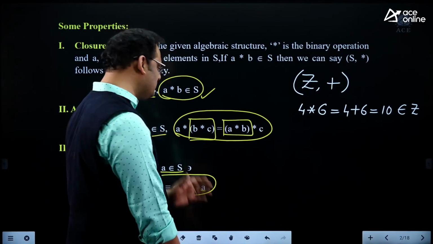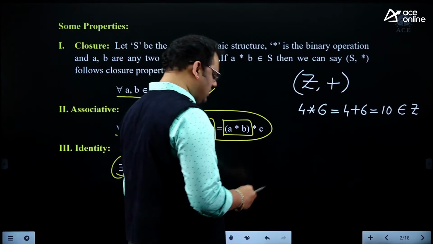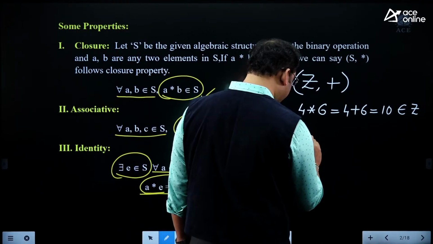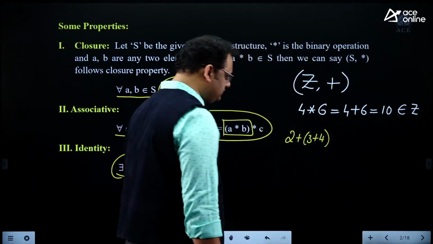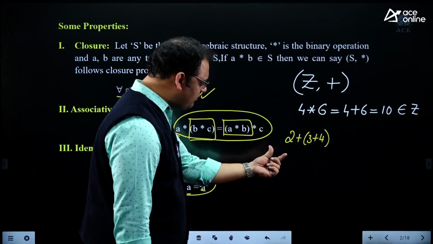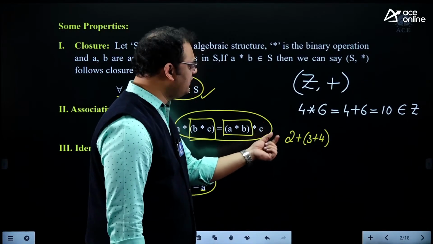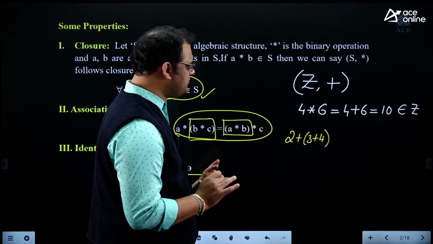In a similar way, for the associative property, you can go for the order of the operations. I want to take something like 2 plus 3 plus 4. I want to do the parenthesis part first: 3 plus 4 is 7, 7 plus 2 is 9. The LHS answer is 9.